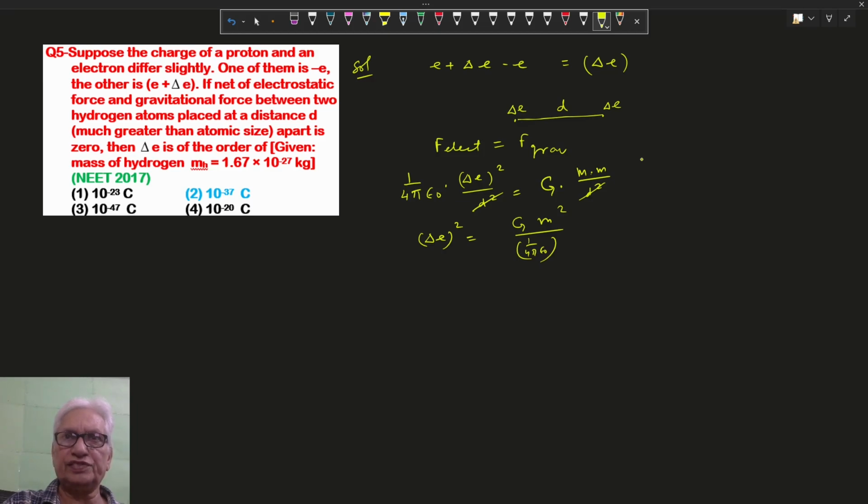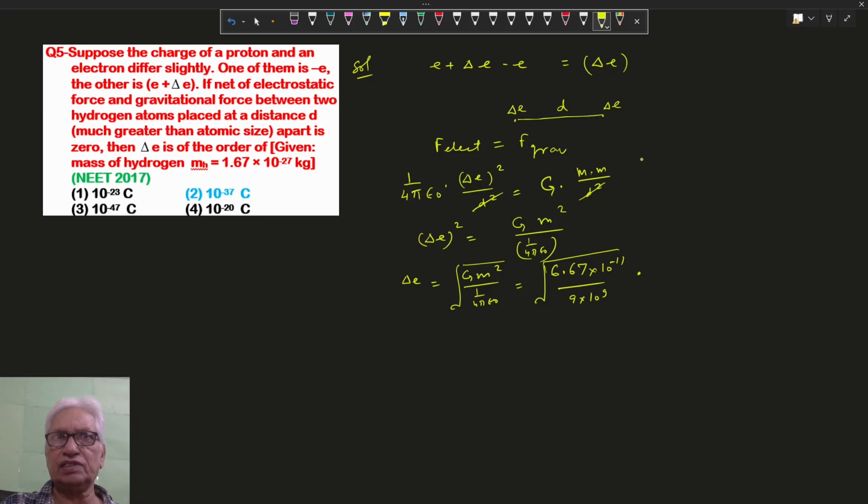So you can write delta e equal to M square root of G upon 1 upon 4 pi epsilon naught, just by putting the value 6.67 times 10 to the minus 11 upon 9 times 10 to the 9, and M is 1.67 times 10 to the minus 27.